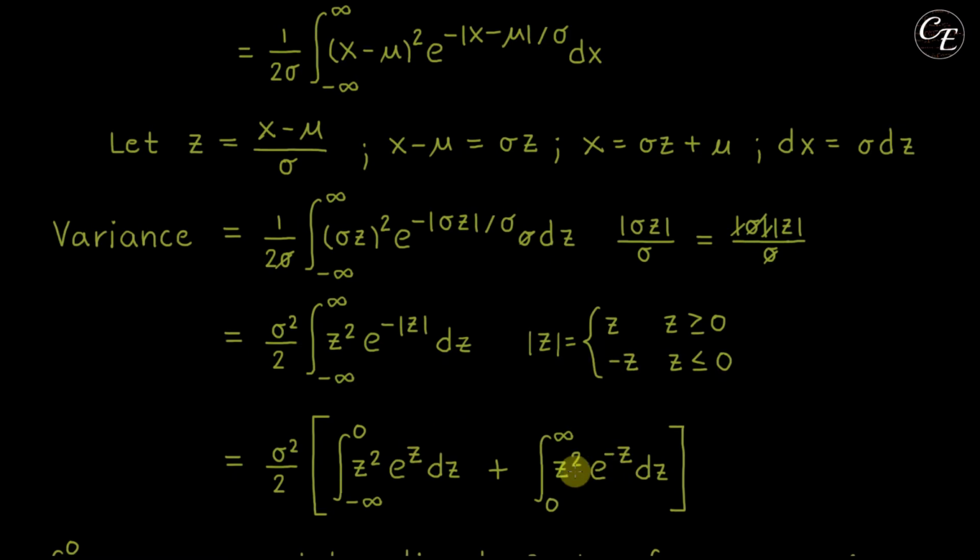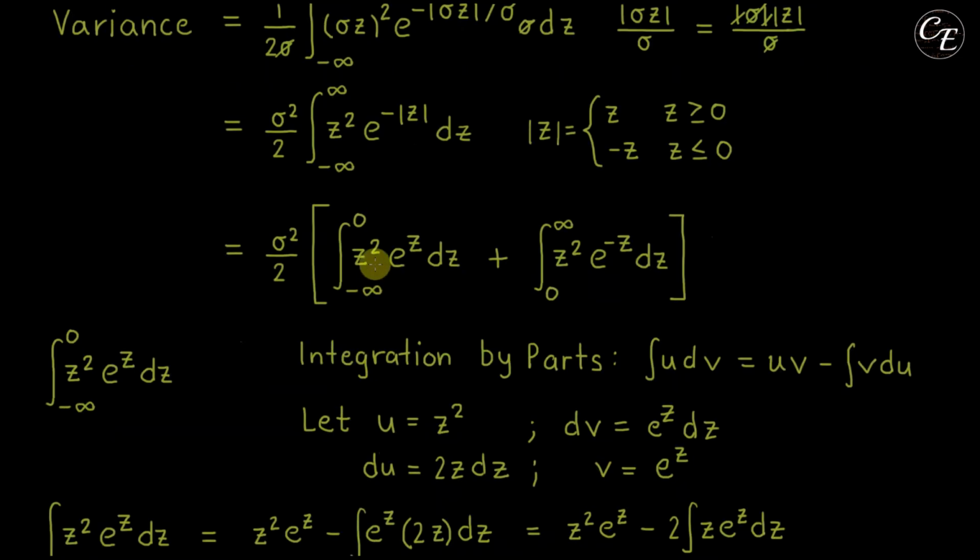Then for this one, z is always greater than or equal to 0, since z starts from 0 until positive infinity. Then the absolute value of z is equal to positive z. And if we use this in place of this one in here, we get negative of z, which is this one. Then observe that we have removed already the absolute value sign in here. Then we're ready to evaluate these integral expressions.